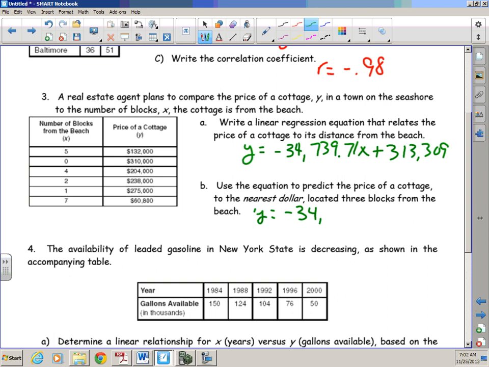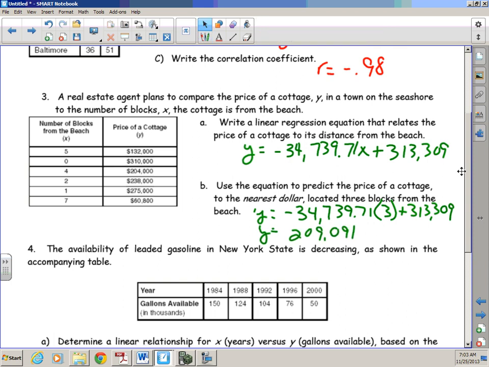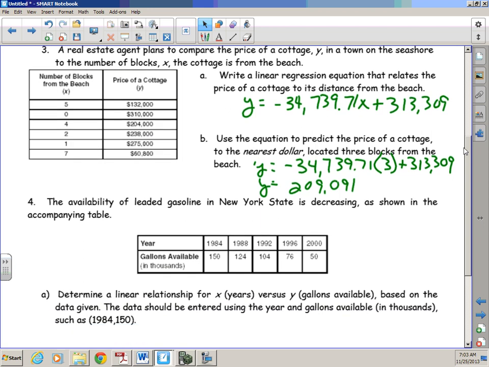You would put 3 in for x. It's not leaving it x, right? Putting in 3 and solving, you get 209,091. And again, your numbers should make some sense relative to the data. If you look, 3 blocks should be somewhere between the 2 and the 4 here, and it is. Okay? It's not perfectly in the middle because that's not necessarily how the data trends, but at least it makes some sense.